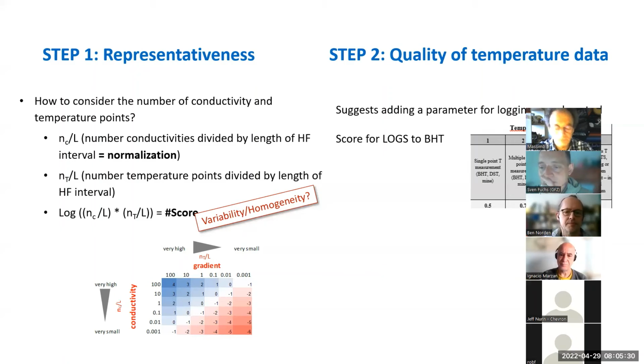Yeah, if I can just, I think Ben's suggestion about running some data through it is a very good one.